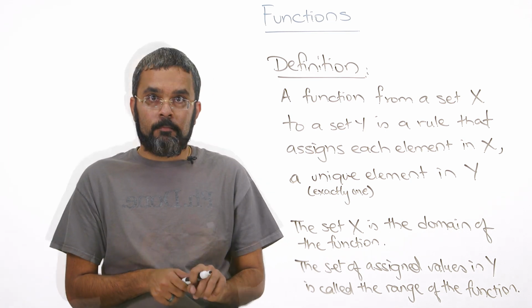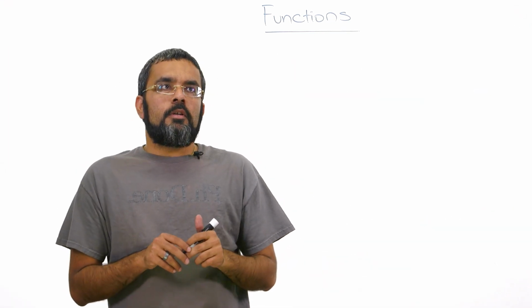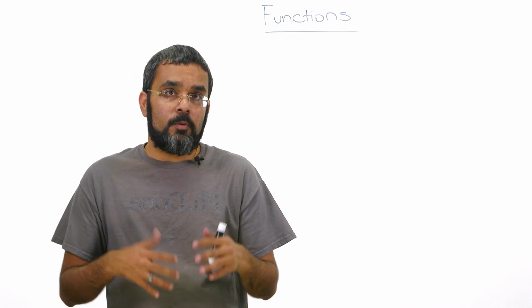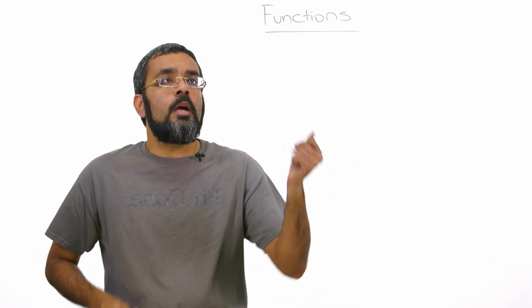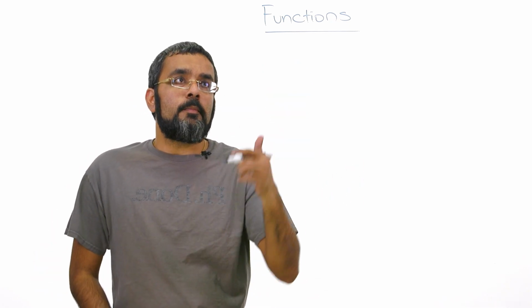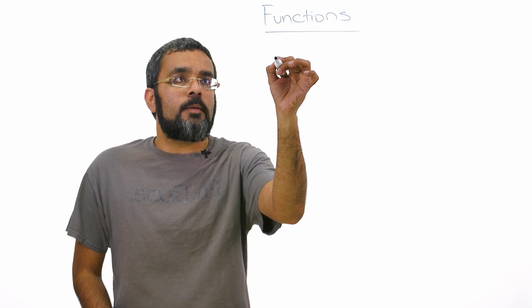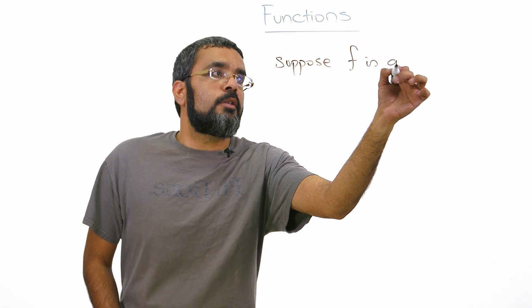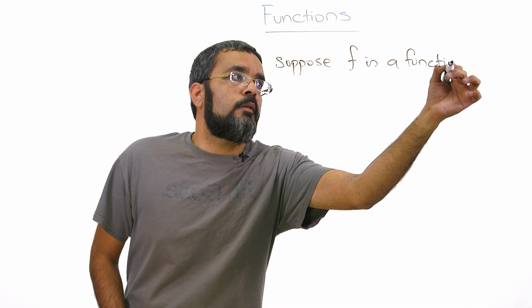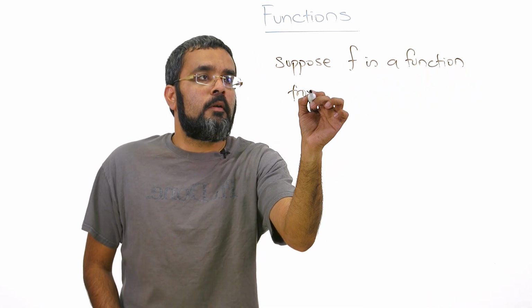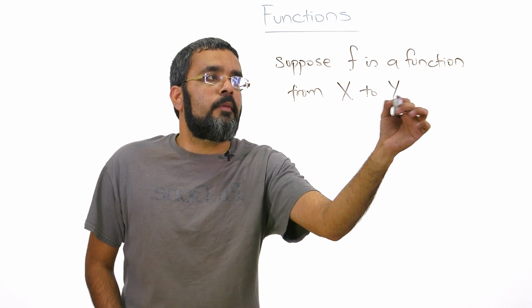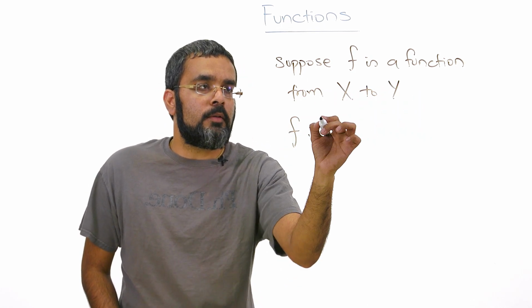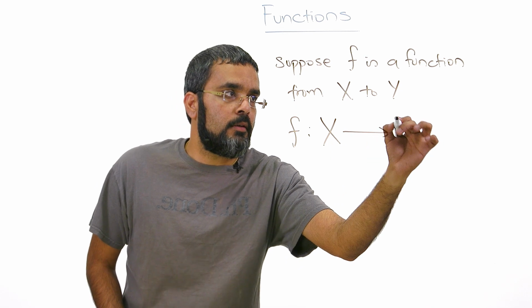Okay. So now that we have defined the function, how do we write it down? We don't always want to write a big long text, so we want to write it down in terms of symbols. Suppose f is a function from x to y. We write that as f colon capital X to Y, right?